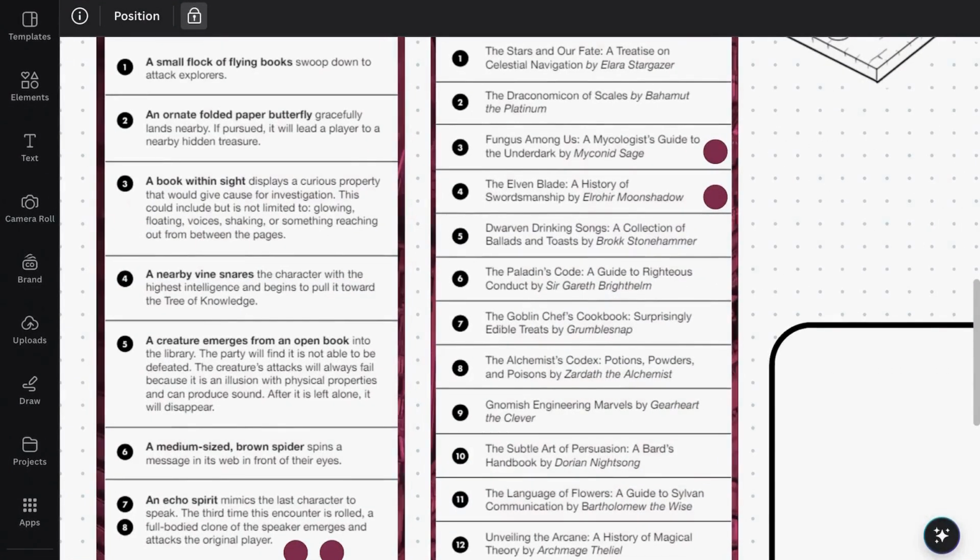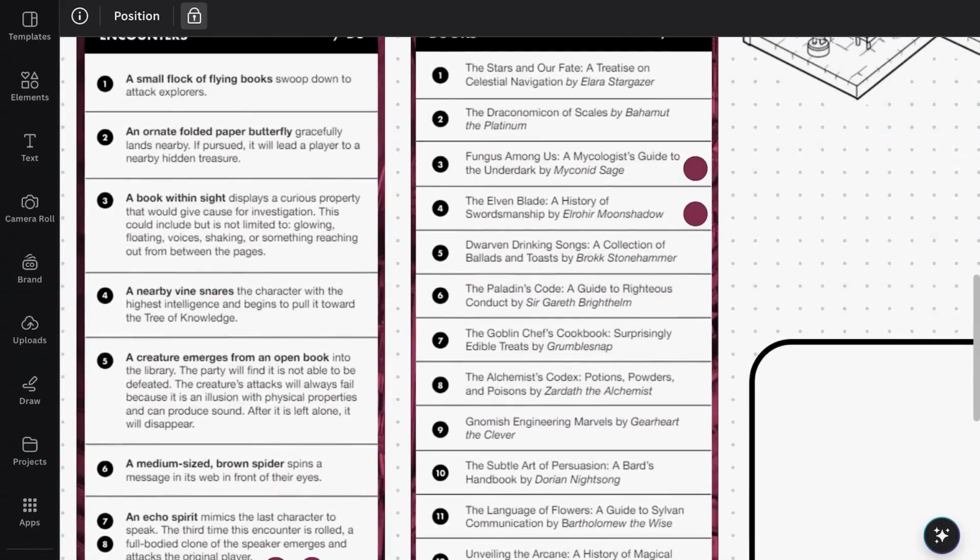A medium-sized brown spider spins a message in its web in front of their eyes. Aha! Okay, at first I was afraid of the spider, but it is not a fight. And we already read that in this corridor there are cobwebs hanging from the ceiling, so it makes sense that a spider appears in one of these webs.